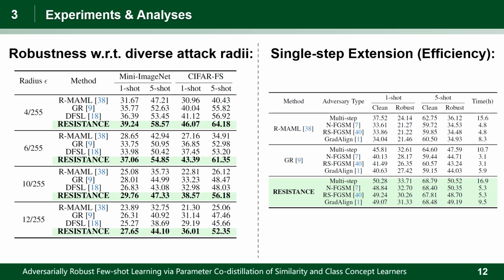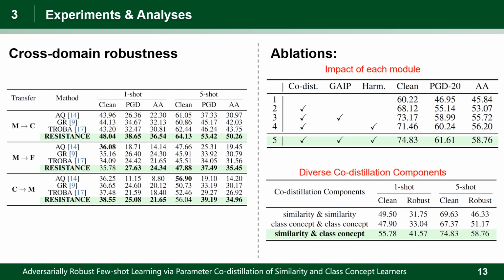Although our training process is computationally intensive since we include two learners during the distillation process, we can still improve the training efficiency by using the single-step strategy. Our method also shows excellent cross-domain transferability, maintaining high accuracy and robustness across different domains.